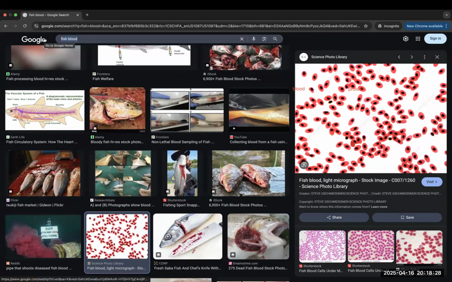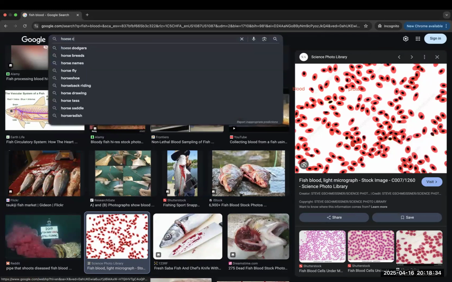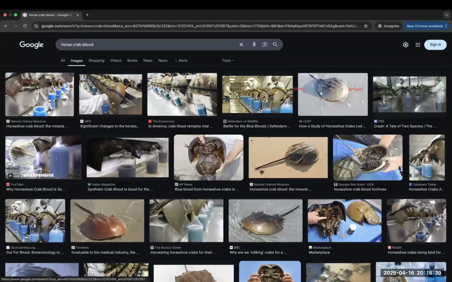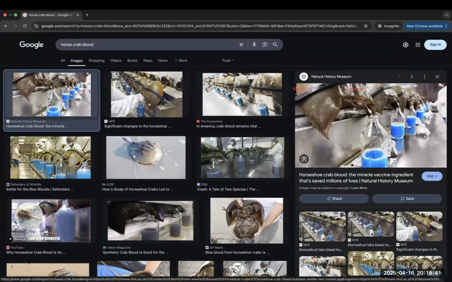So if you put copper in the horseshoe crab blood instead of iron, it's going to change color. That's going to make it blue. So that's why horseshoe crab blood is blue.